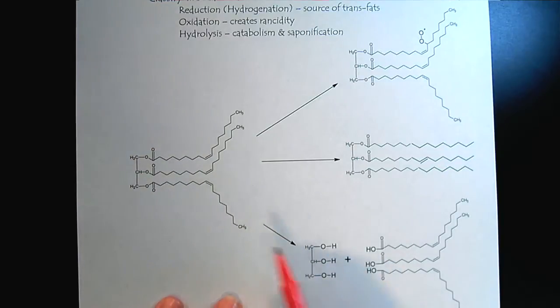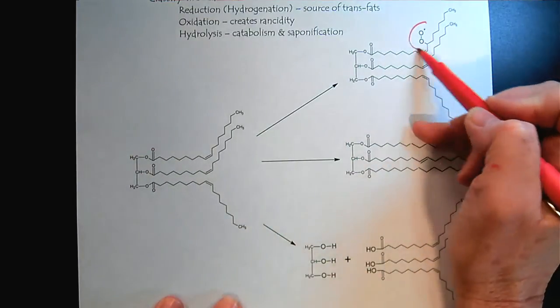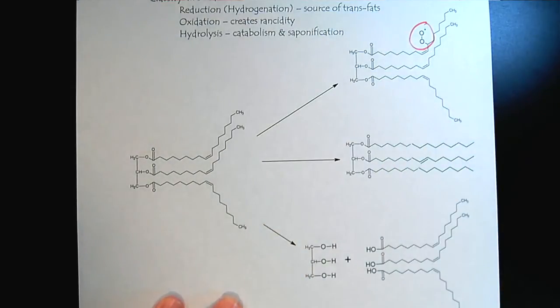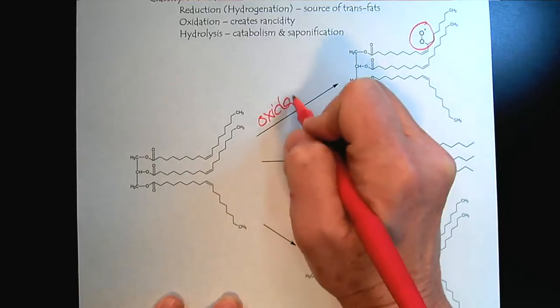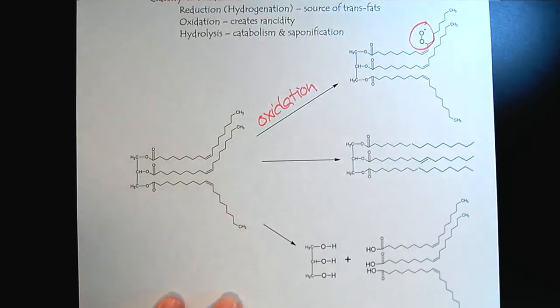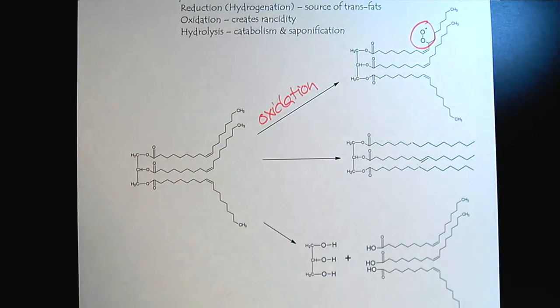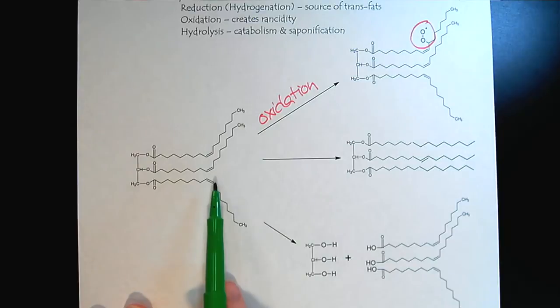Alrighty, so in this first reaction, we notice we have an addition of oxygen. So this is clearly an oxidation reaction that leads to rancidity. When we look at the second reaction, we notice everything was all bent here. We had a bunch of cis double bonds. And what happened?